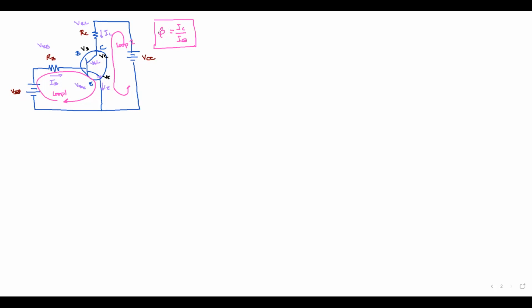Again, that is the only thing that I could not derive in your circuit. Your beta is the ratio between I sub C and I sub B, the relationship between your I sub C and I sub B.